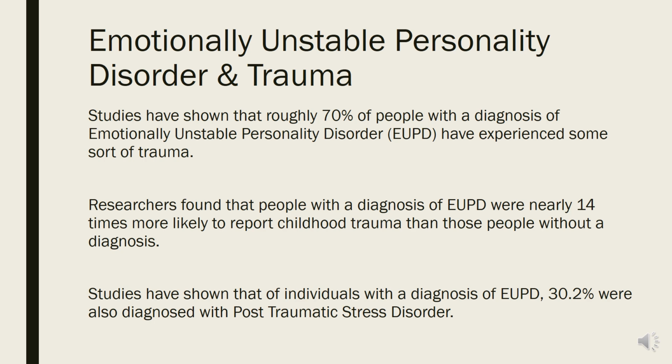And in fact, when there have been studies looking at people who have this diagnosis, it roughly shows that 70% of people have experienced some sort of trauma. So this is a very common feature to people who have a diagnosis of emotionally unstable personality disorder.